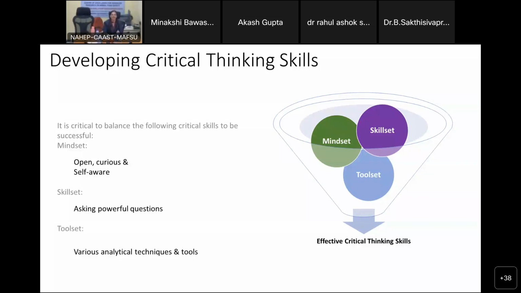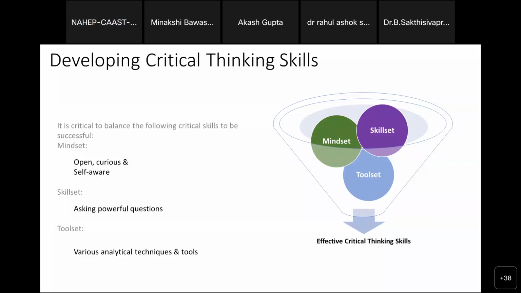And the tool set: there are various analytical techniques and tools that we can use and apply to become a good critical thinker. See why so much importance is given to critical thinking, and even nowadays many organizations do a lot of activities on it, as we discussed.